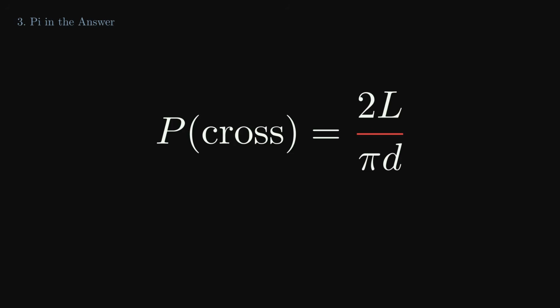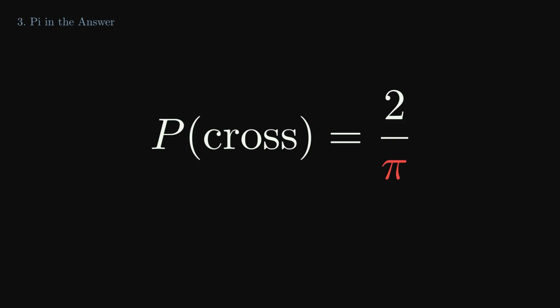Here is where it turns strange. Work out the crossing probability exactly from the geometry alone, and the answer is 2 divided by the quantity pi times the spacing, all times the needle length. In our clean case, where the length equals the spacing, the length and spacing cancel and the probability is simply 2 over pi.